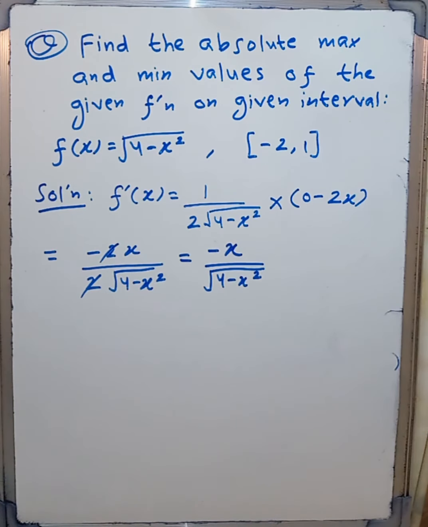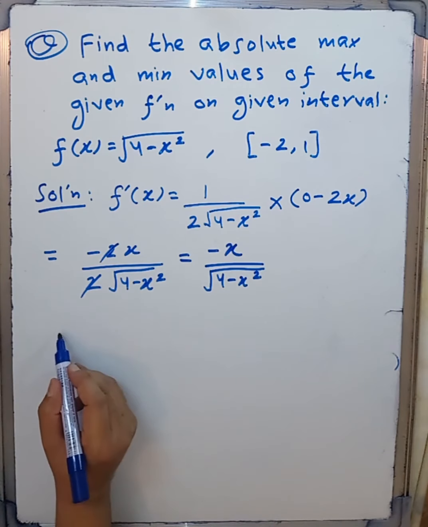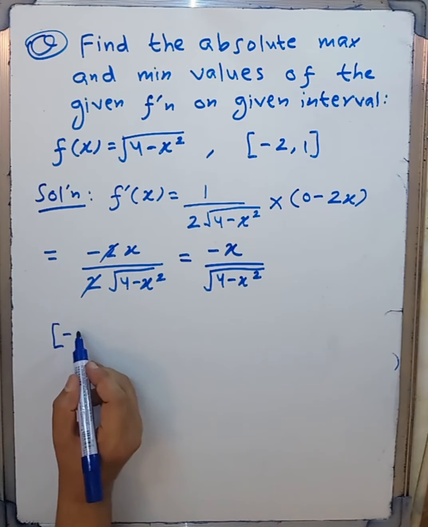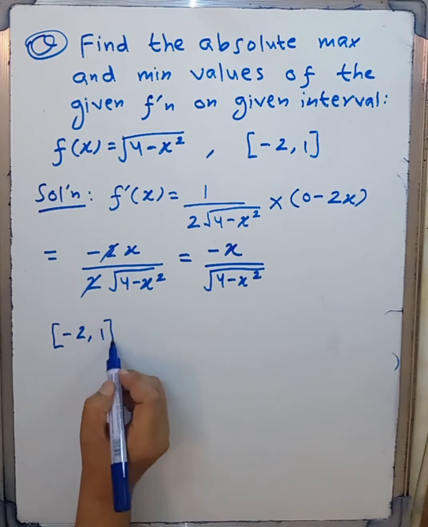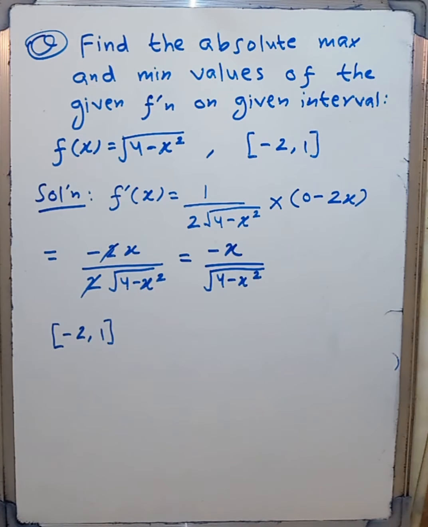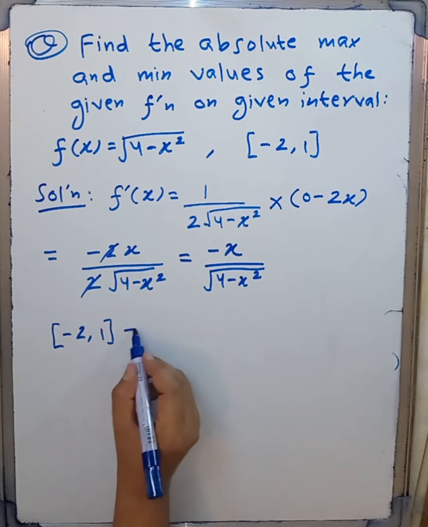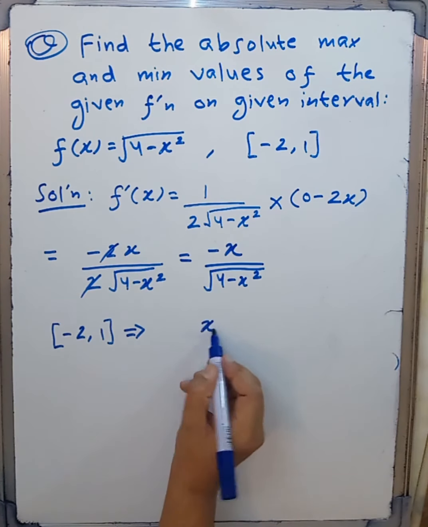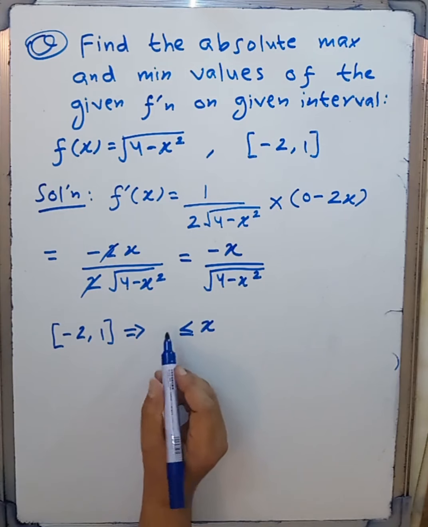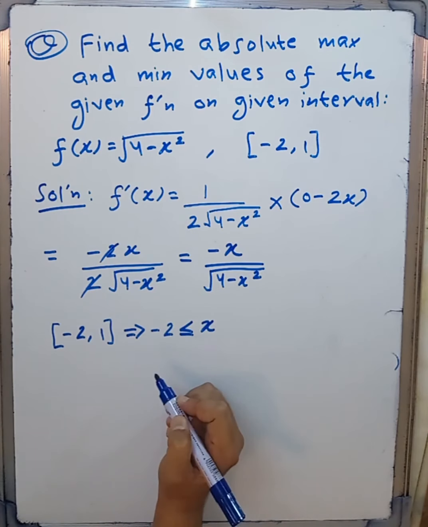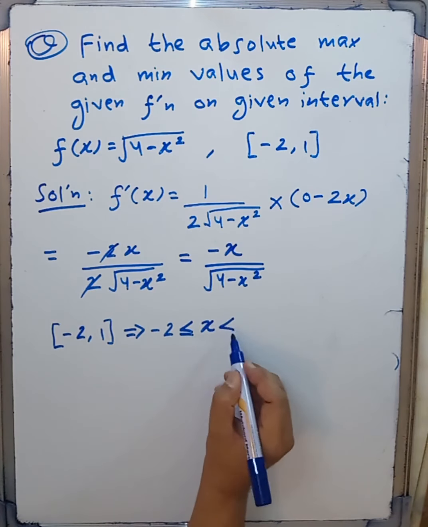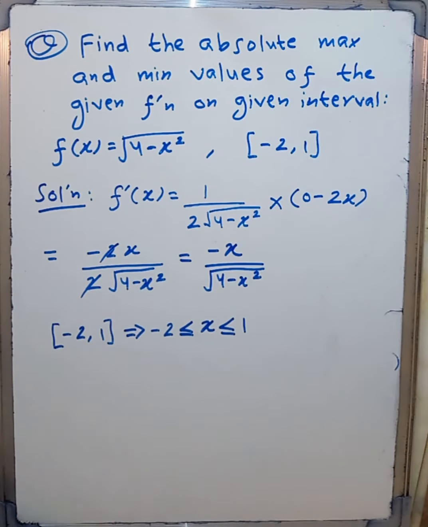Now, before starting to find the critical points, first we will observe the given interval. The given interval is the closed interval [-2, 1]. This means that x is greater than or equal to minus 2, x is less than or equal to 1.